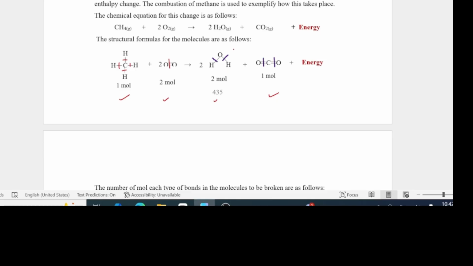Every mole of water molecules has 2 moles of O-H bonds, so if you have 2 moles of water, you're going to have 4 moles of O-H bonds being formed. And every mole of carbon dioxide molecules has 2 moles of C=O double bonds. So in the end, we'll have to break 4 moles of C-H bonds and 2 moles of O=O double bonds, and we'll end up with 4 moles of O-H bonds and 2 moles of C=O bonds.